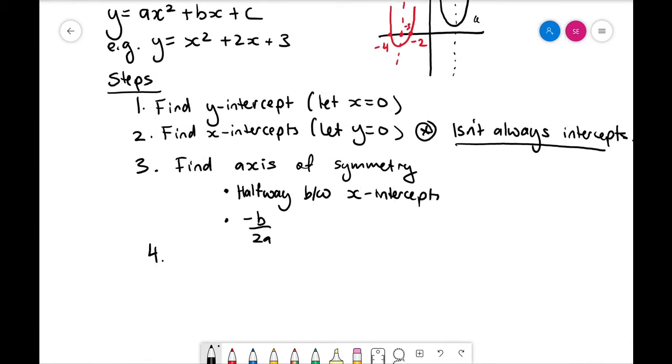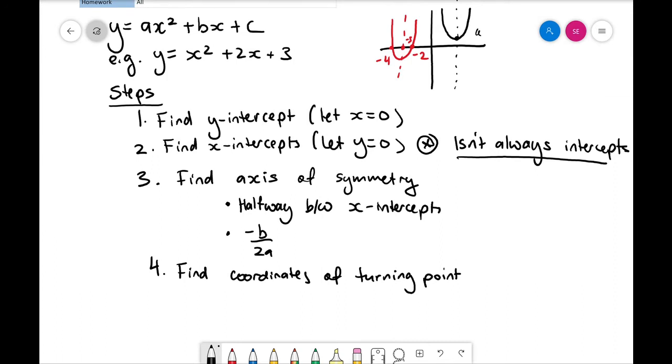And the fourth step is we want to find the coordinates of the turning point. So just a refresher, the turning point is this point here and this point here. It's where the graph turns around, so it goes down, down, down, down, and then it turns and decides to go back up.